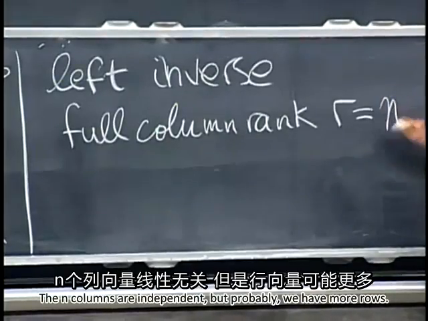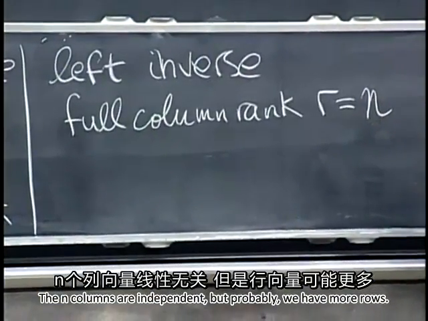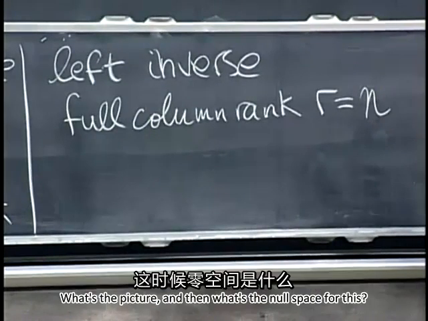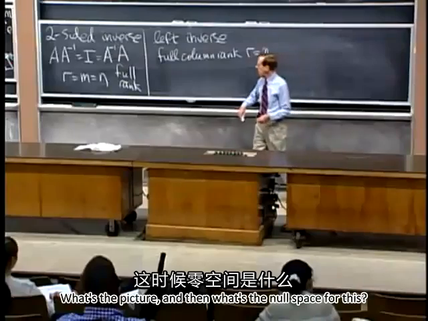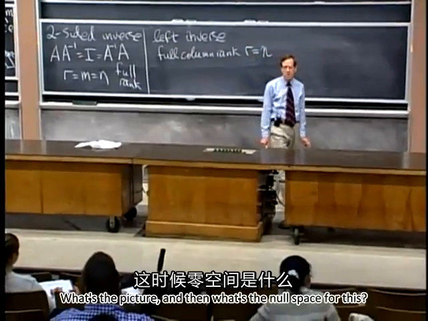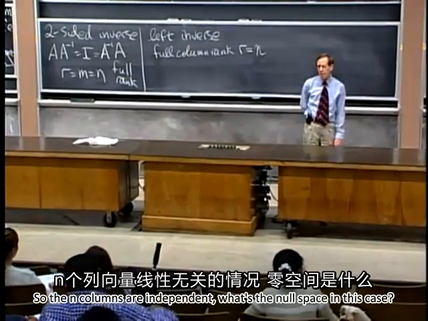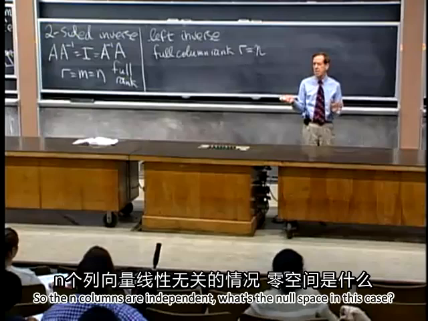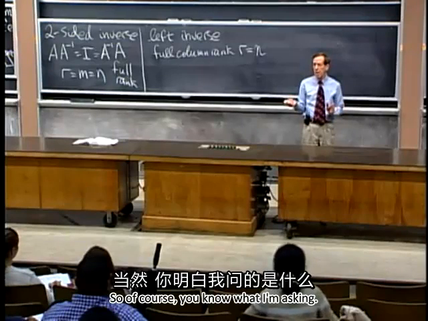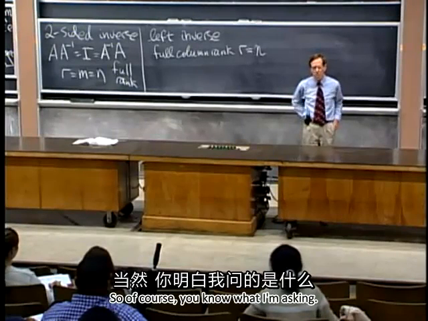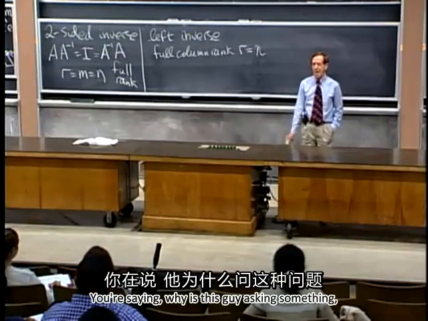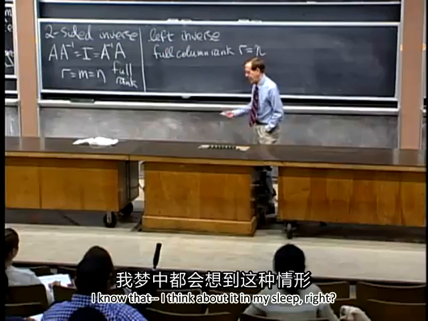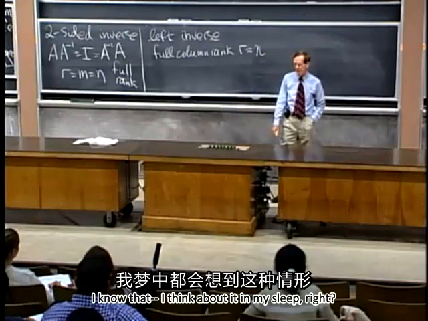What's the picture, and then what's the null space for this? So the n columns are independent. What's the null space in this case? You're saying, why is this guy asking something? I know that, I think about it in my sleep, right?